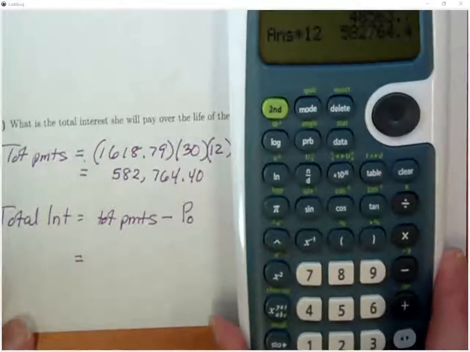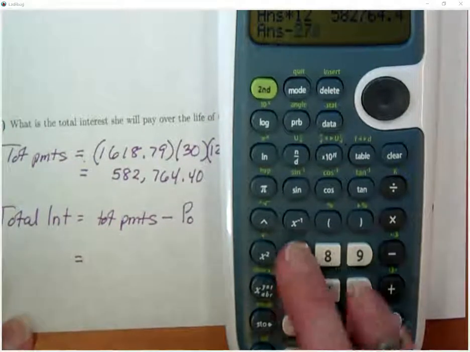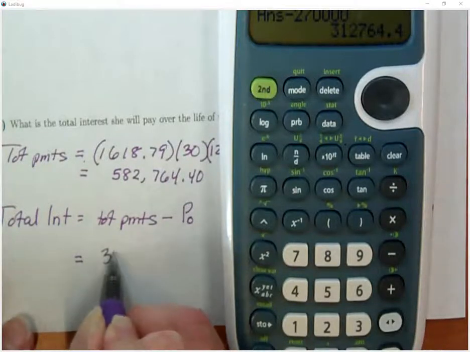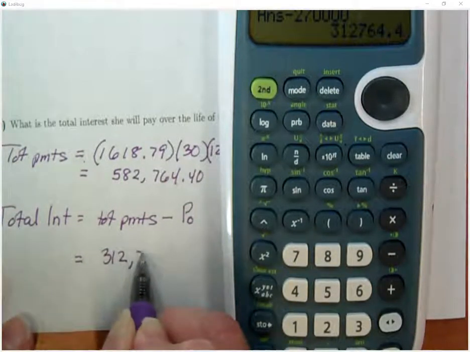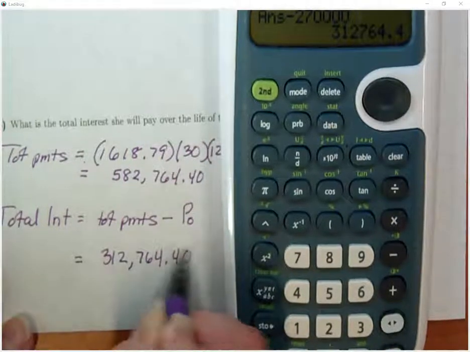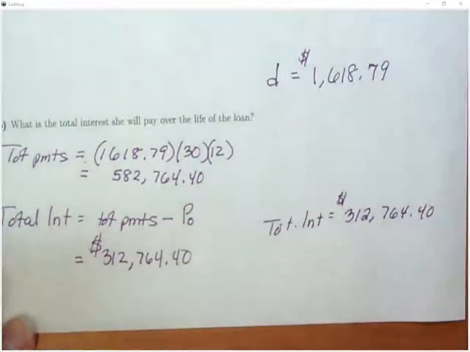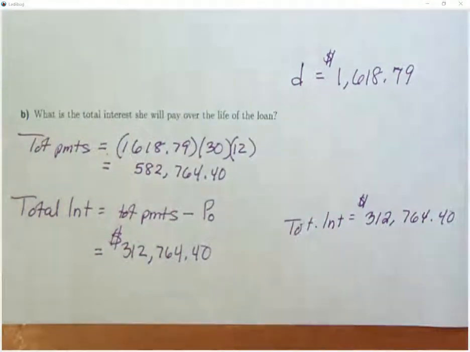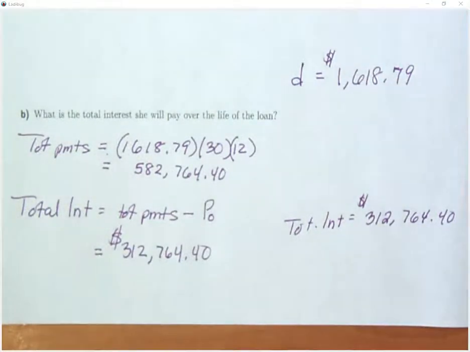So that is going to be minus the $270,000, and I get $312,764.40. Quite a bit. So, of course, you would surround these with a sentence. I'll write that up in the solutions, but just put some context around it. And do make sure you're checking your solutions and things like that too, as you know, on the next page. Just make sure it all is looking good.